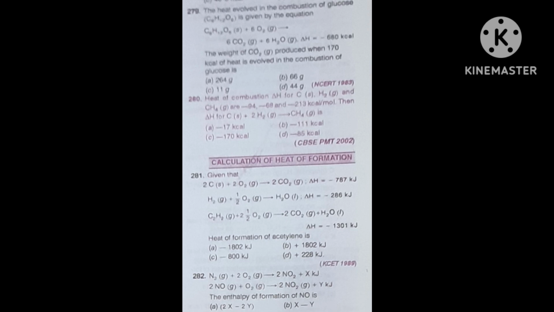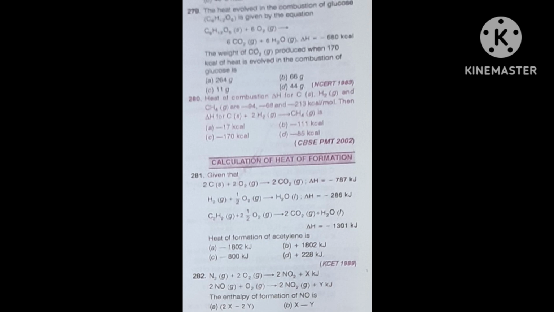That is 78 gram. This heat you will get from 78 gram, but in the question you have to calculate the heat from 39 gram. Then its value will be half of 780.9.